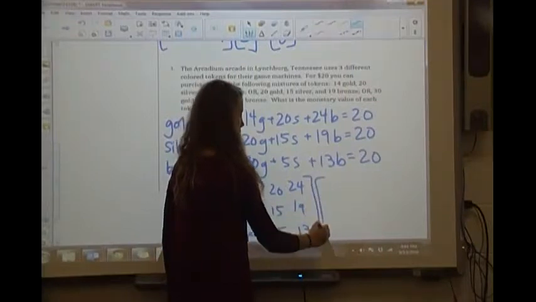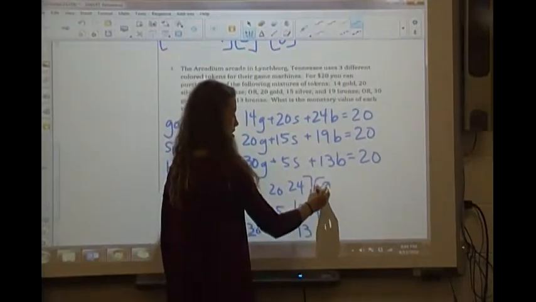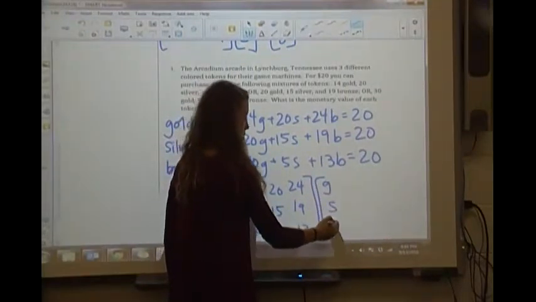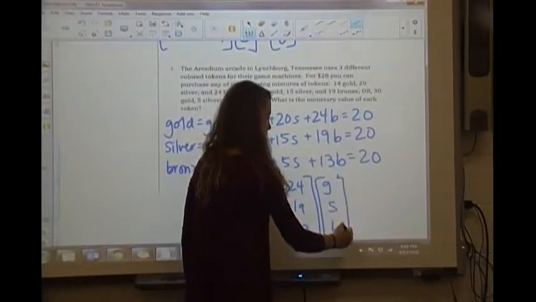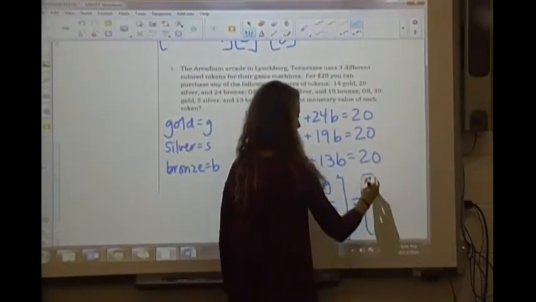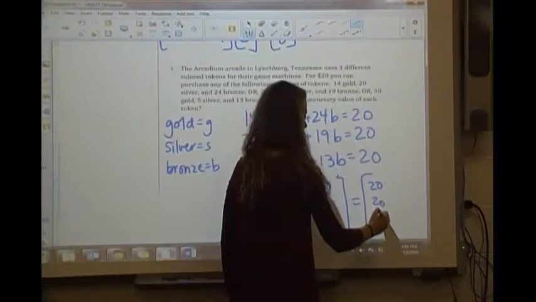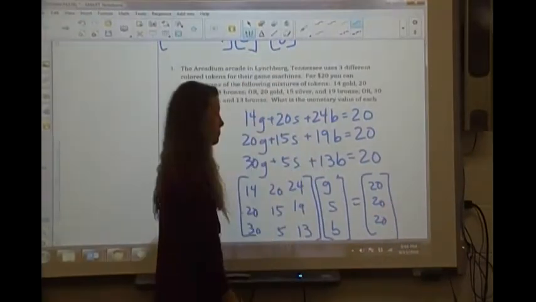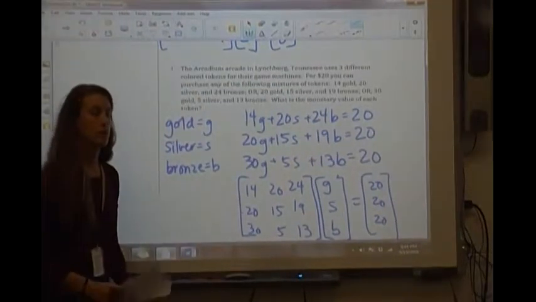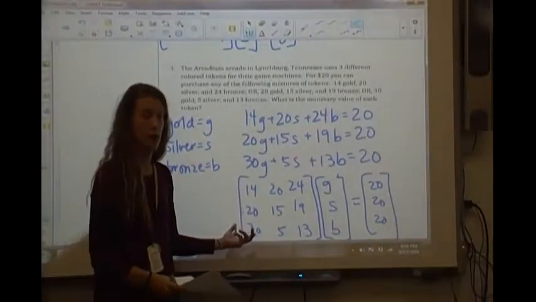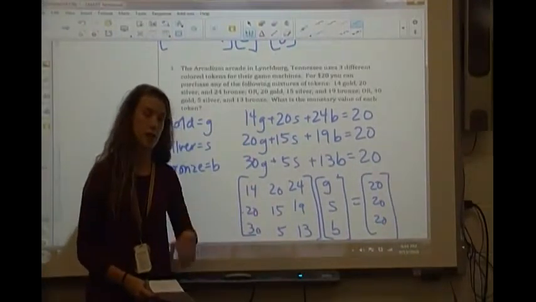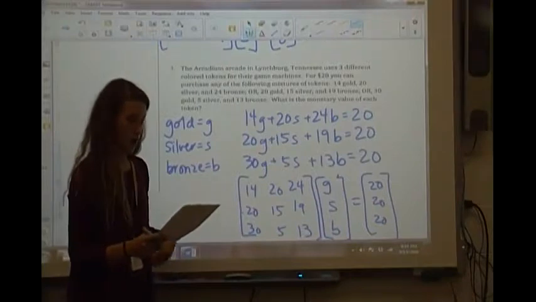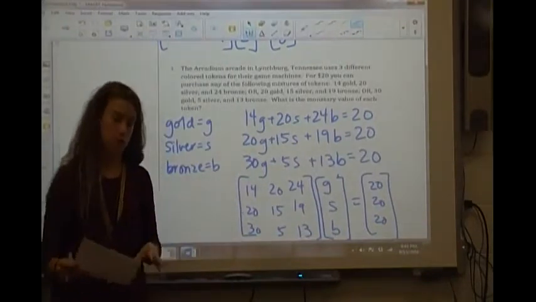Then I have my variable matrix of G, S, and B, and that's equal to my constant matrix, which is 20, 20, and 20. So now I'm going to use my graphing calculator to plug these in these matrices and figure out how much each coin is worth.